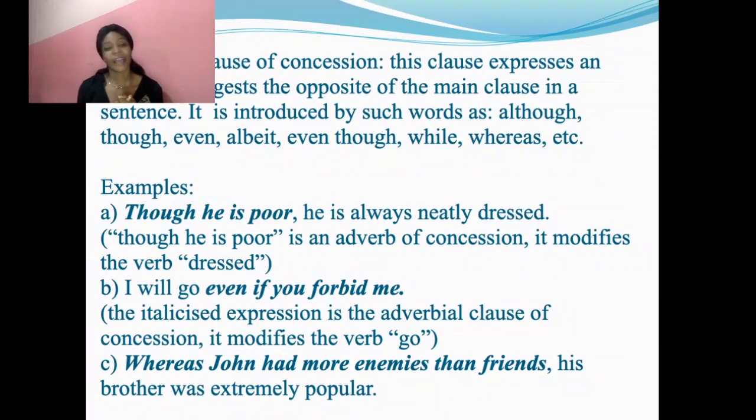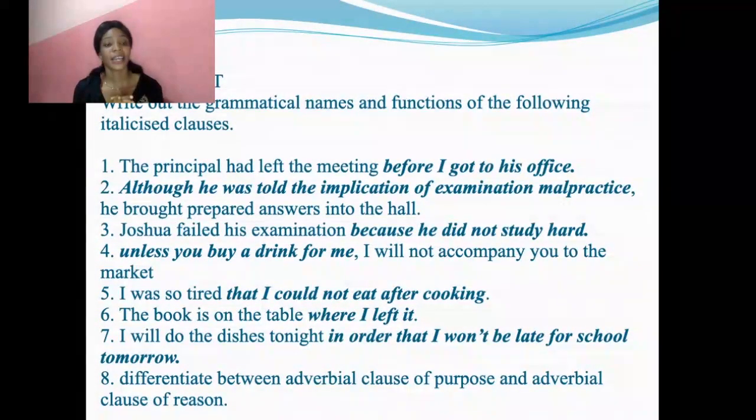Now, there is an assignment here. As usual, go to my Google Classroom platform, do the assignment and submit it. The notes would also be on the Google Classroom platform. Please copy the notes, copy the specific objectives as well. So, here is the assignment. Write out the grammatical names and functions of the following italicized clauses. We have 1 to 7. The italicized ones are the ones I expect you to take cognizance of.